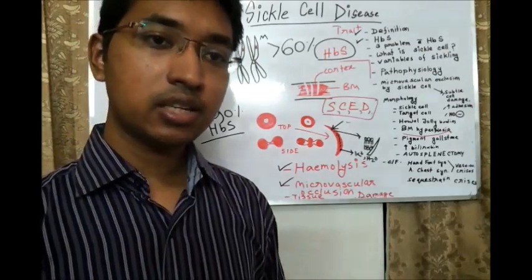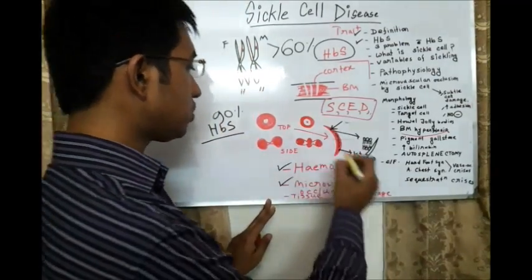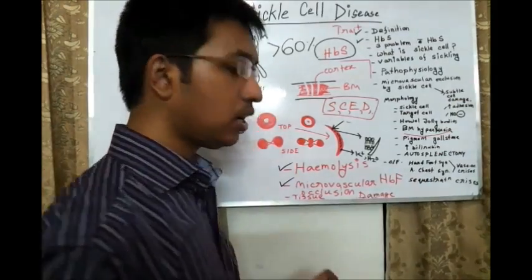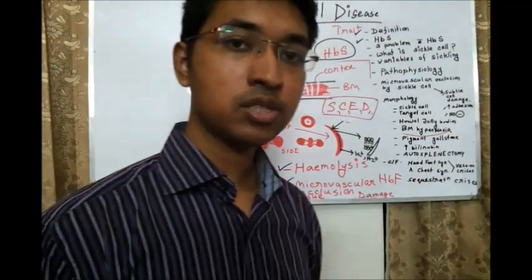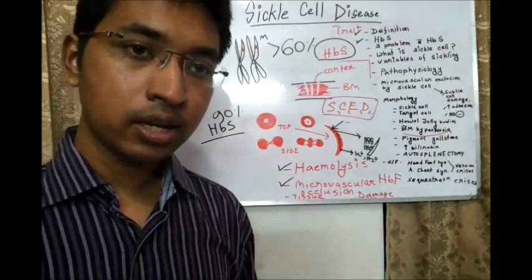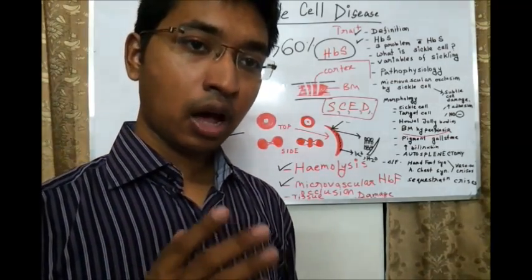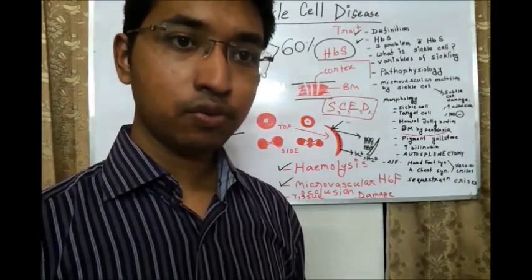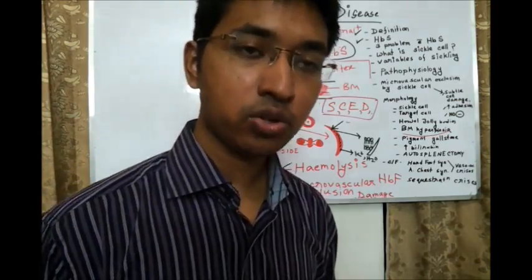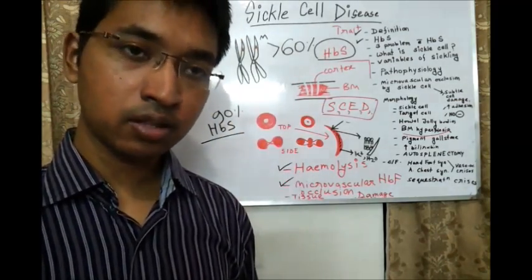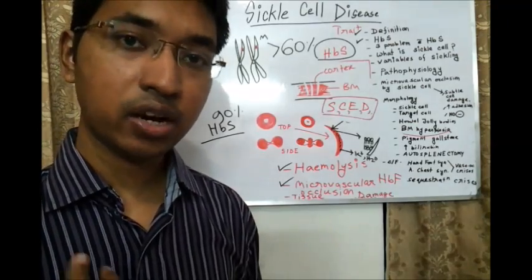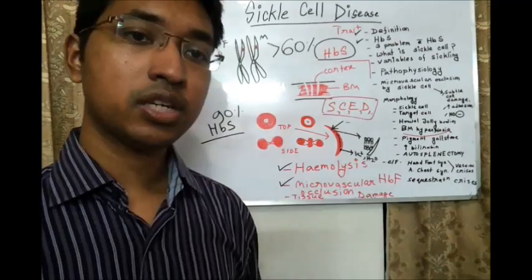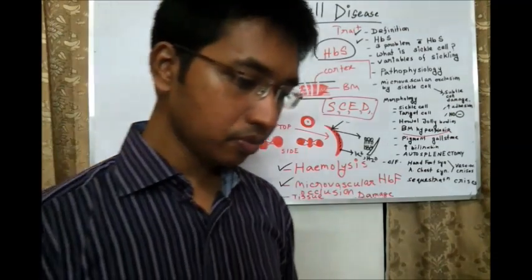Okay. The second thing is hemoglobin F. Always remember, hemoglobin F gives protection from sickling. That's why a child after birth, up to 5 to 6 months, is protected from sickle cell disease, because up to 5 or 6 months they have hemoglobin F in their red blood cells, and that gives protection from sickle cell disease.